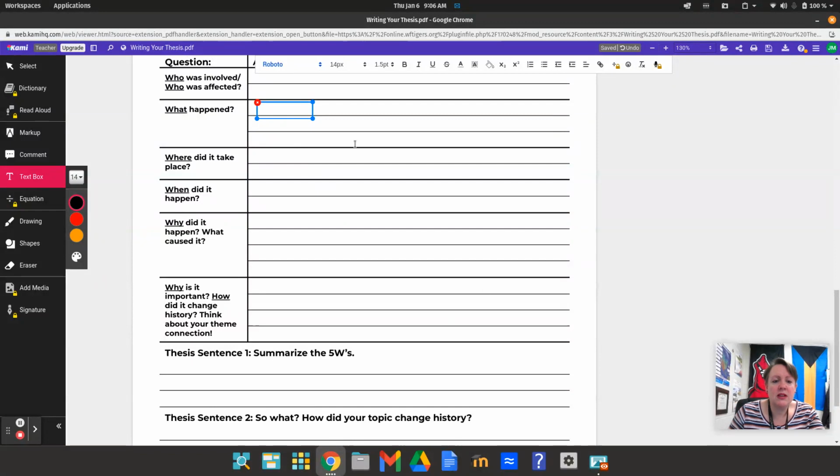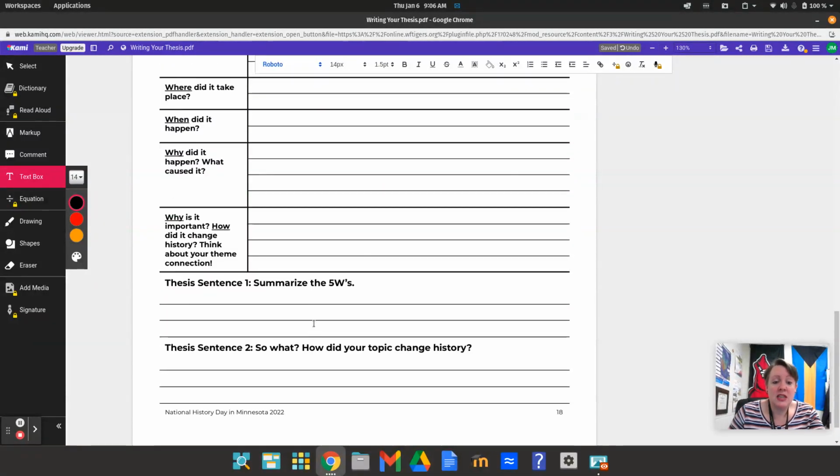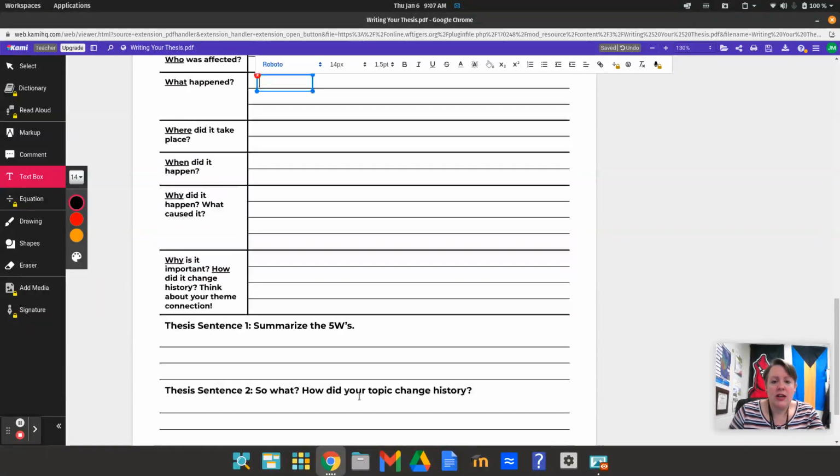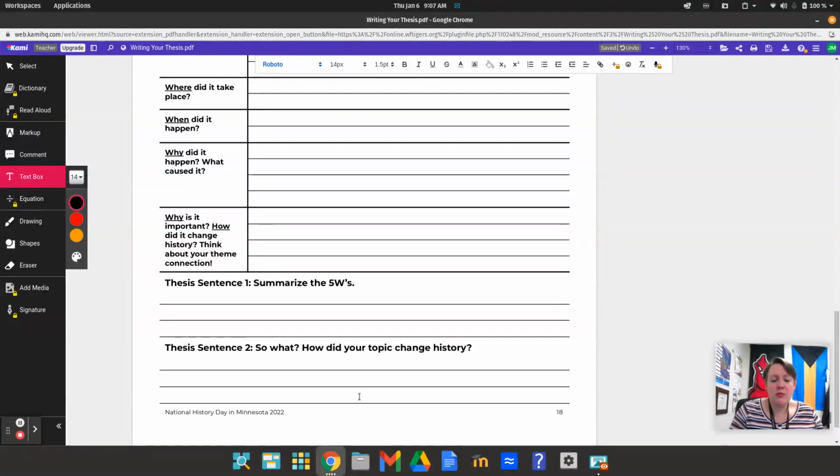This doesn't necessarily have to be in complete sentences, but these two do, because everything else that you put in your project has to align with thesis sentence 1 and thesis sentence 2.